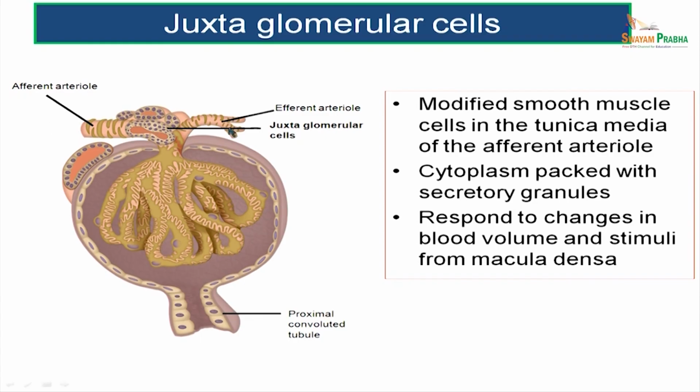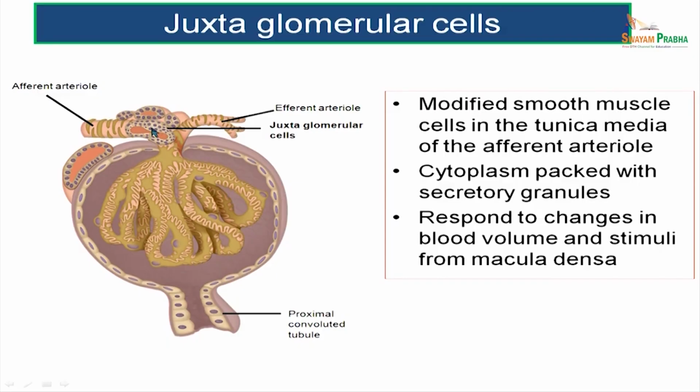The cytoplasm is packed with secretory granules. These JG cells, or juxtaglomerular cells, respond to changes in blood volume and they are stimulated by the macula densa. See the close association between macula densa and juxtaglomerular cells.